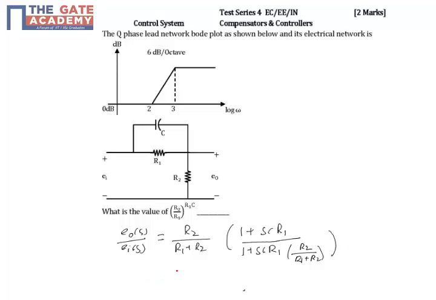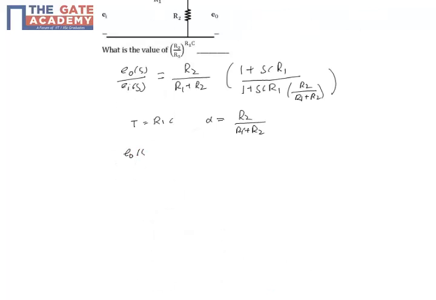What we will do is take T equal to R1C and alpha equal to R2/(R1+R2). Now Eo(s)/Ei(s) is equal to alpha times (1 + sT) divided by (1 + sTα). Now we have the transfer function of the system.